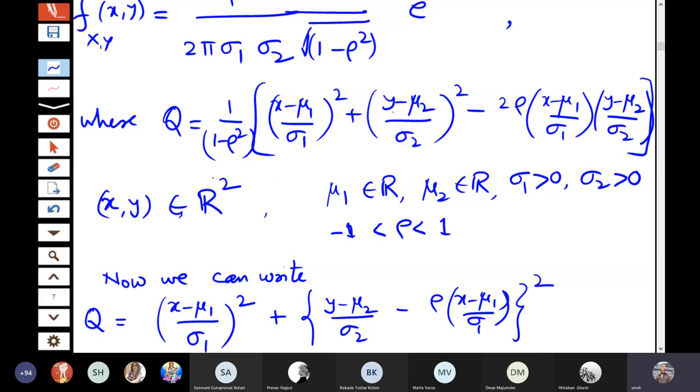The remaining terms make a perfect square, that is y minus mu2 by sigma 2 square minus 2 rho x minus mu1 by sigma 1 into y minus mu2 by sigma 2 plus rho square x minus mu1 by sigma 1 square. So it becomes a perfect square, and you get this term. Is that okay? Yes, sir.